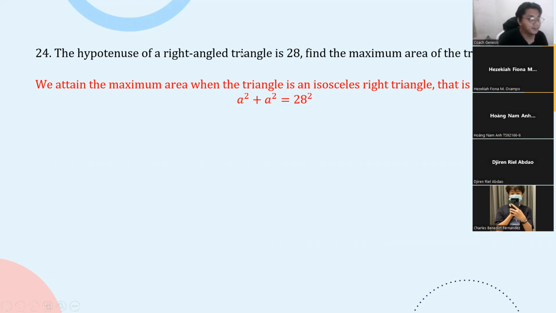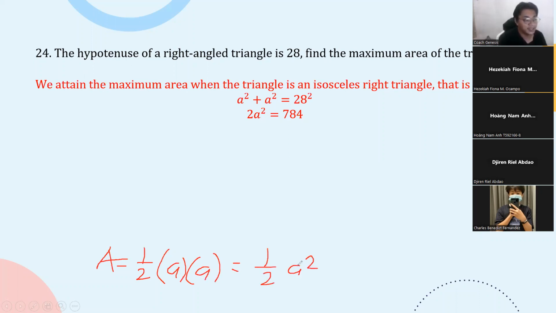So that is a squared plus a squared is equal to 28 squared. So that means you will have 2a squared is equal to 784. Now, we don't actually need to solve for a. What we just need is a squared, because if you have an isosceles right triangle, the area will just be 1/2 times a times a, or just 1/2 a squared.